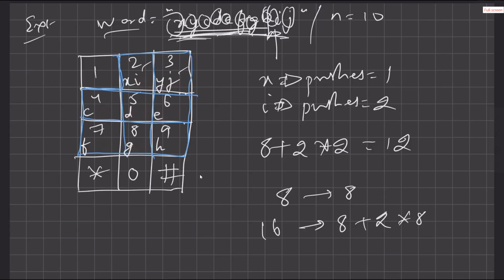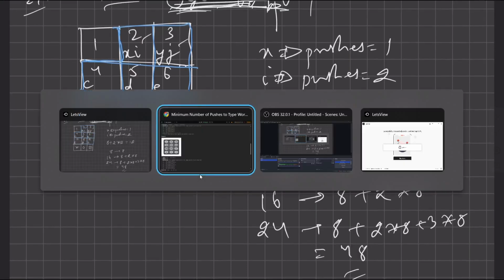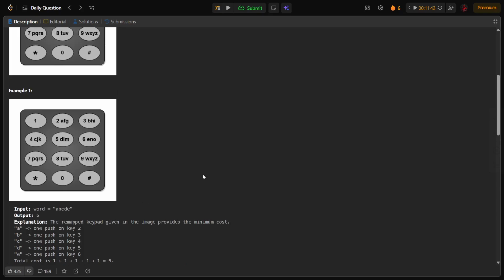Similarly, if you had 24 characters, your answer would be 8 plus 2 times 8 plus 3 times 8, right? It is going to be 48. 6 into 8 is going to be 48. So you are understanding, right? Yeah.